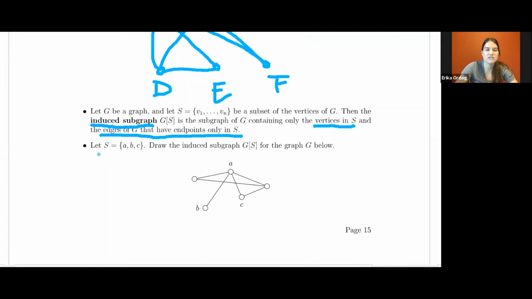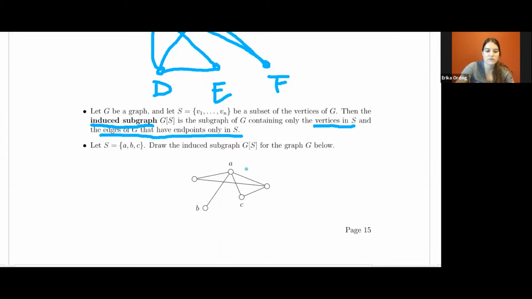Let's let S be the set of vertices A, B, and C on this graph here. I want you to pause for a second and draw the induced subgraph G[S] for this graph. Okay, now that you're back, what is the induced subgraph G[S]?